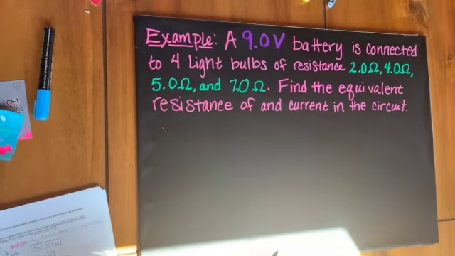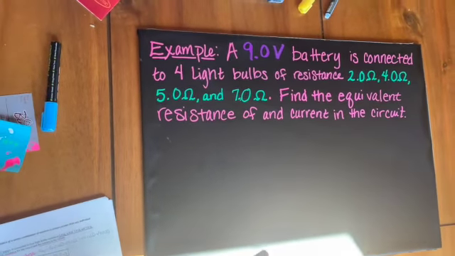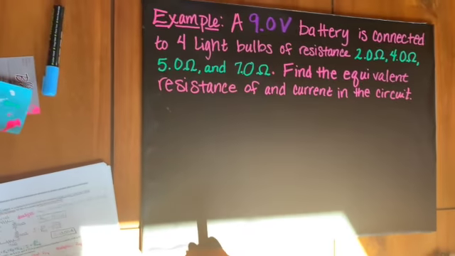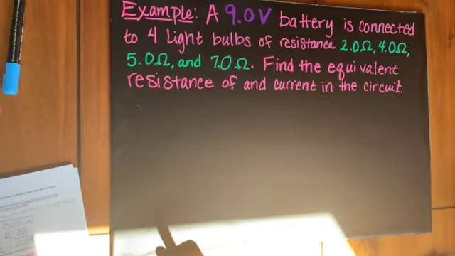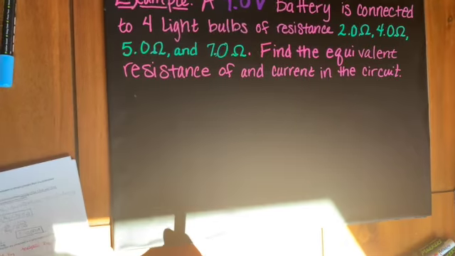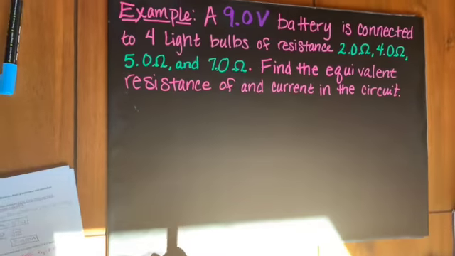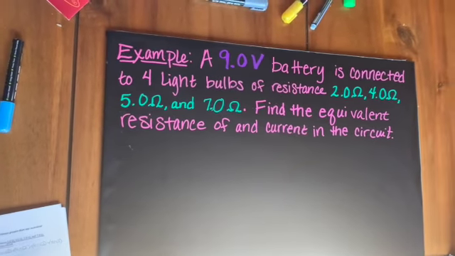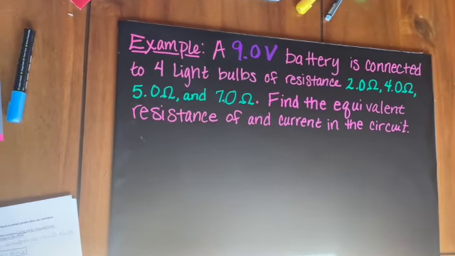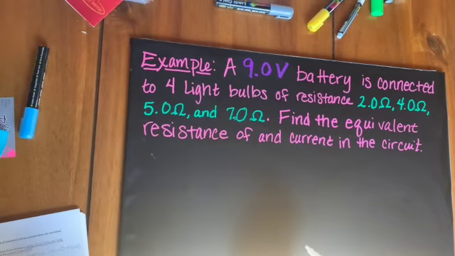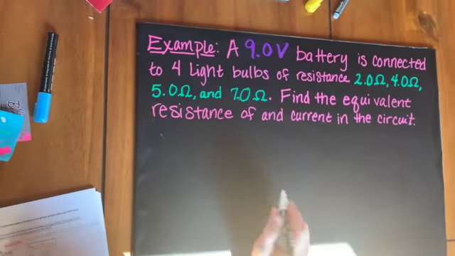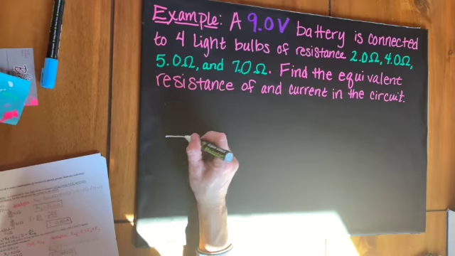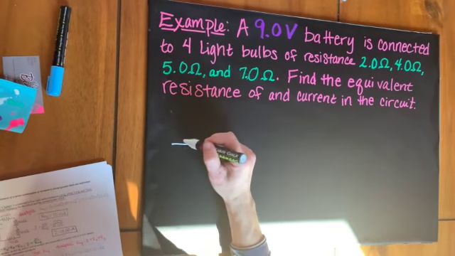Okay, number 4, example. A 9-volt battery is connected to 4 light bulbs of resistance 2, 4, 5, and 7 ohms. Find the equivalent resistance of and current in the circuit. Okay, so these bulbs are in series, so the first thing you're going to do is draw it out with your given information. So start with your battery, which has a positive terminal.